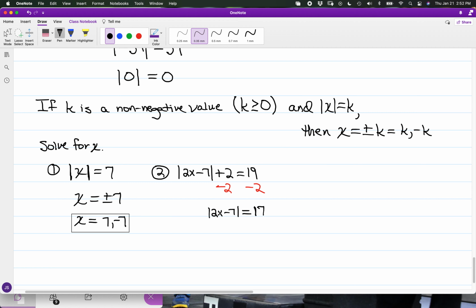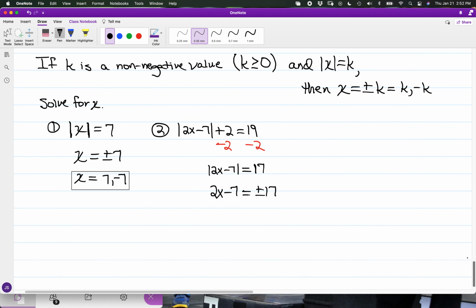And if I take out the absolute value notation, we're going to have two pathways for 2x minus 7. It'll be equal to those numbers that are 17 units away from 0 on the number line. So one is going to be positive 17 and the other negative 17.